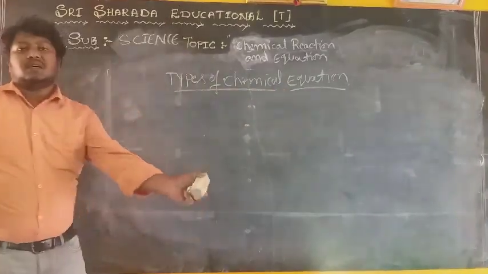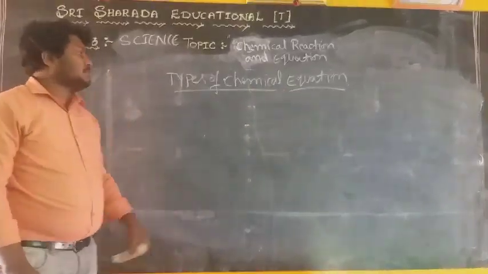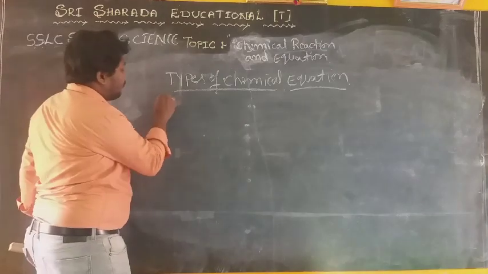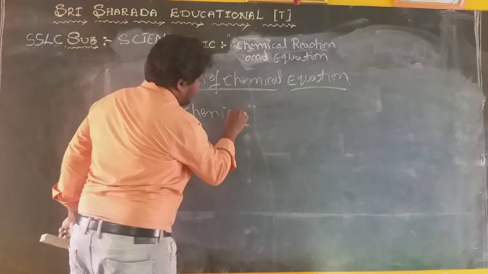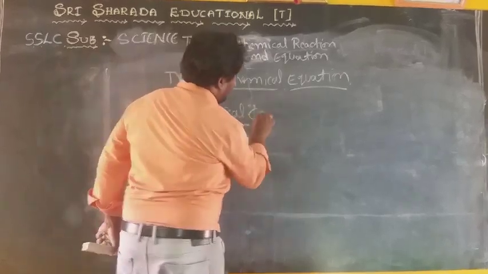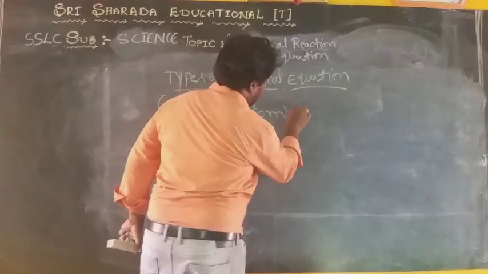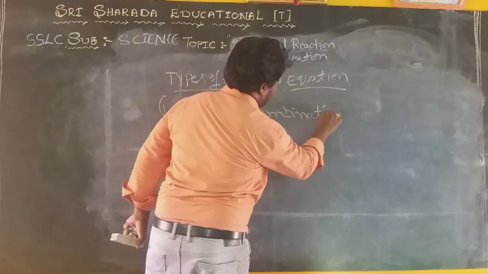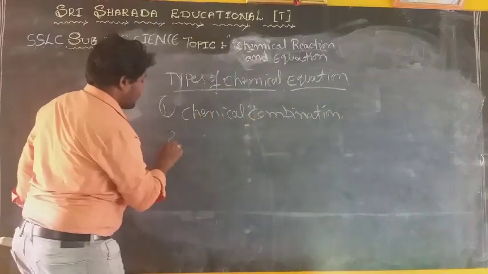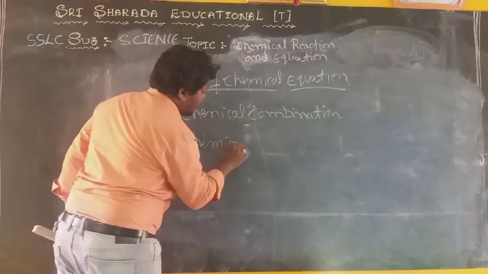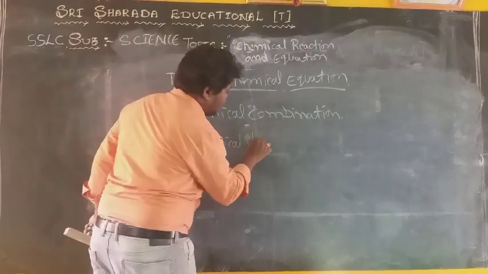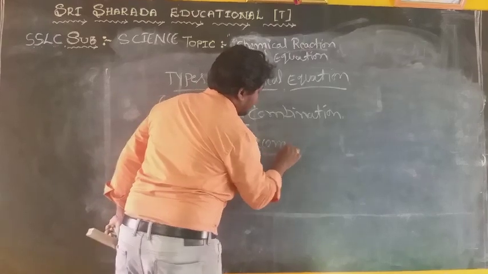Here, the types of chemical equations, mainly it has four types. One is chemical combination. Second one, chemical decomposition.